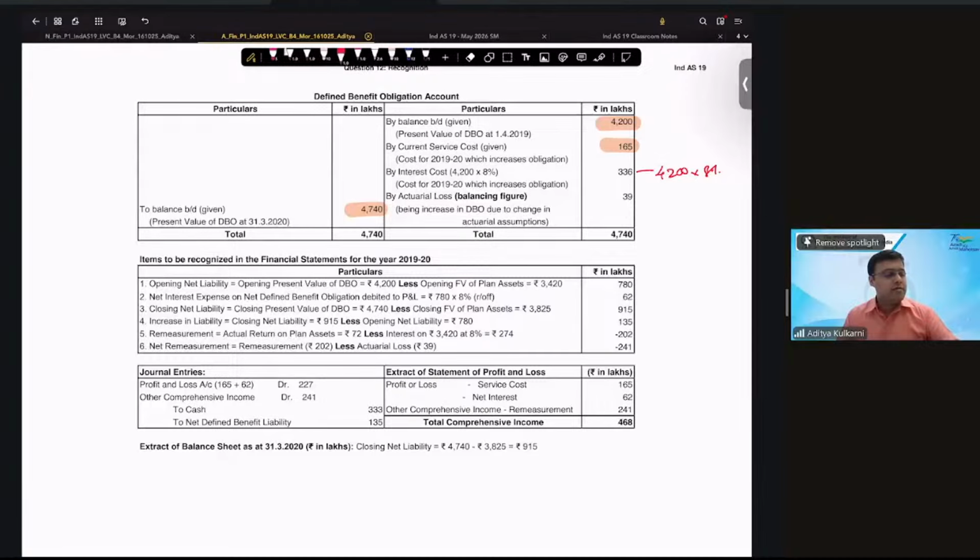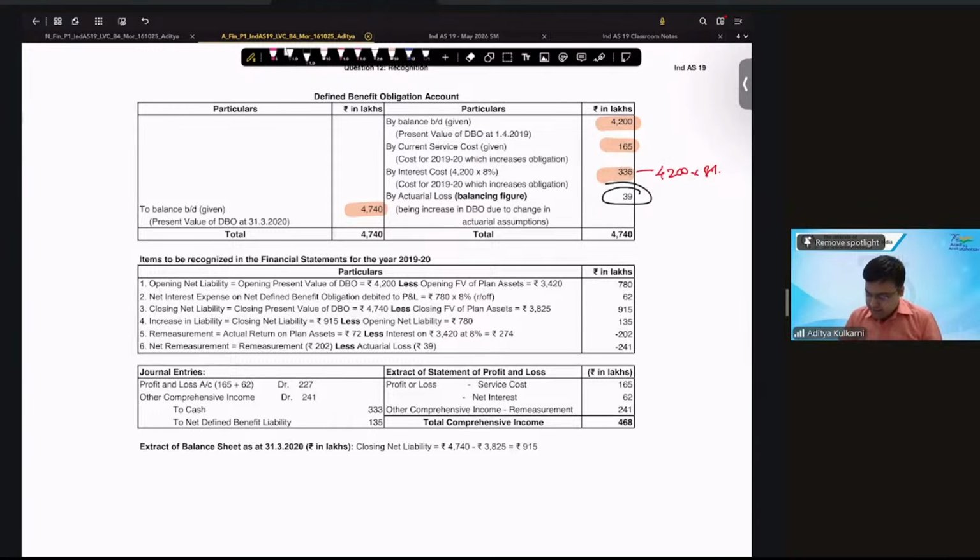Any doubts here? 336. So when you balance this out, you are going to get a balancing figure of 39. This is your actuarial loss. Why this loss has arisen, I do not know. This could be due to change in actuarial assumptions. This is what they will ask.